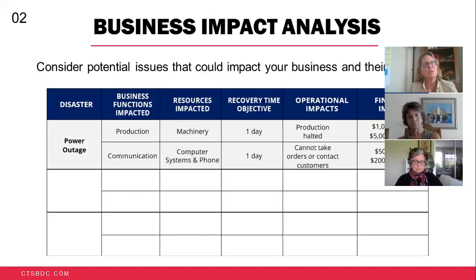Part of this business impact analysis will be the start of your guide, because you're going to take each disaster and it's going to be broken down even further. I'm also going to give you an emergency procedure template, a 17-page document. It's going to be broken down by disaster, and we'll show this at the end.